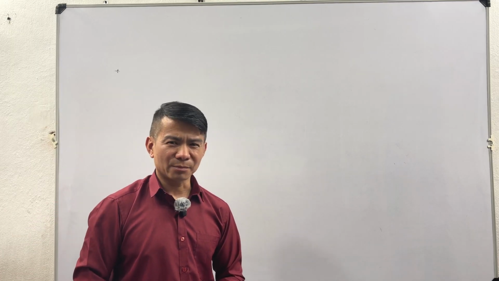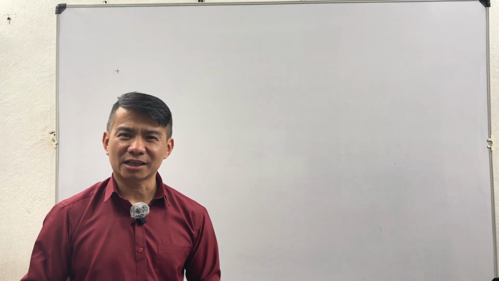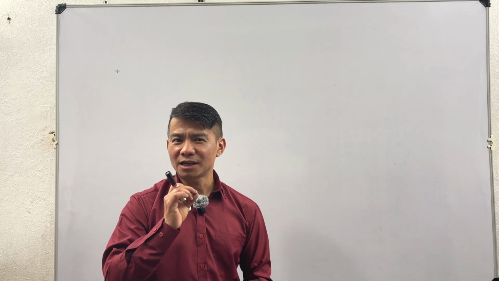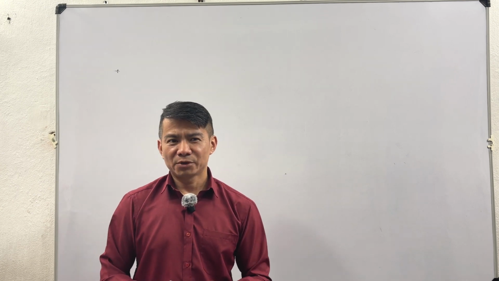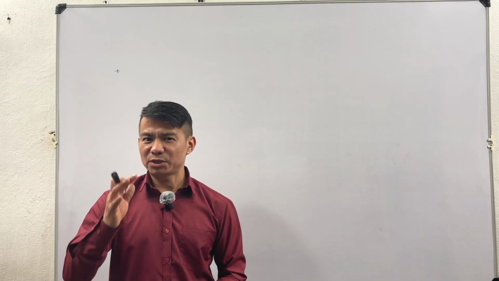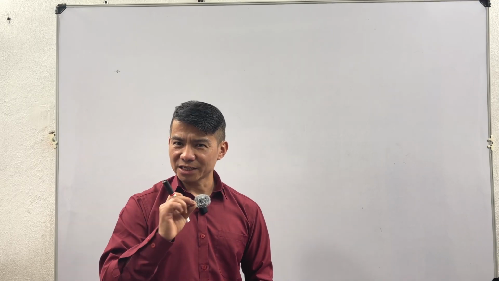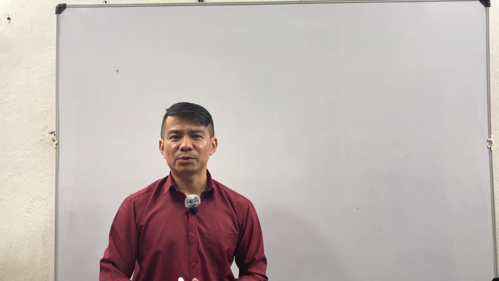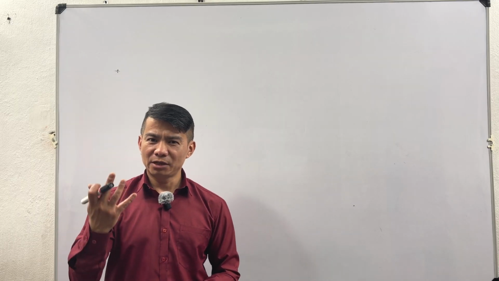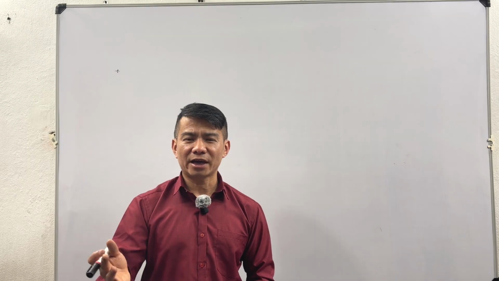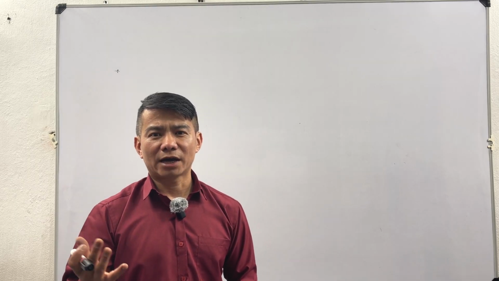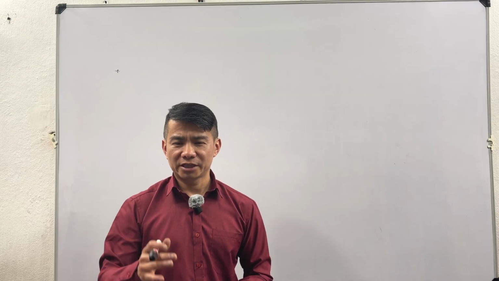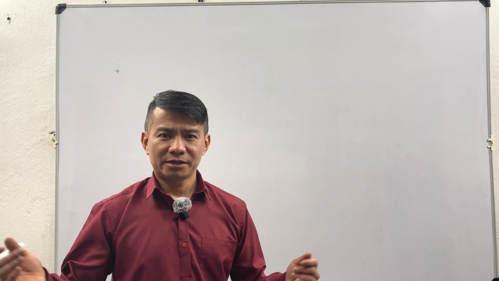This rule can also be called the last digit rule, because in all three cases we look at the last digit. To check whether it's divisible by 2, we check the last digit, and if it is an even number, then that number is divisible by 2. Similarly, if the last digit is 0 or 5, then that number is divisible by 5. Finally, if the last digit is only 0, then that number is divisible by 10.